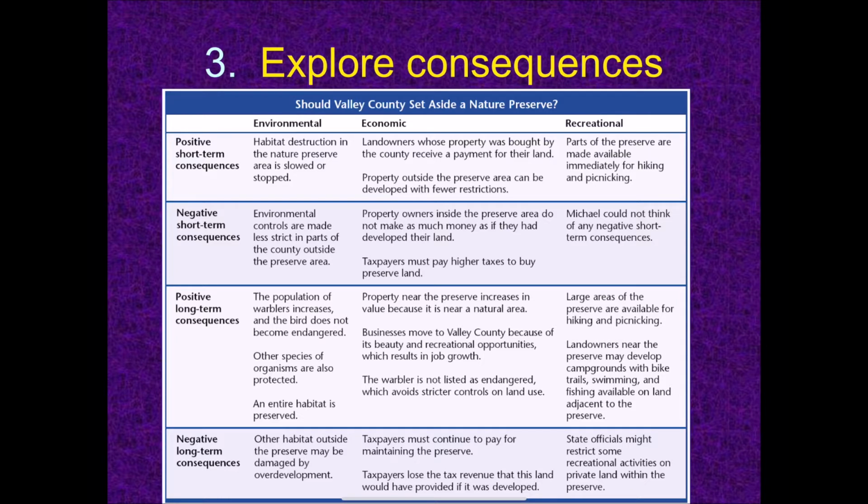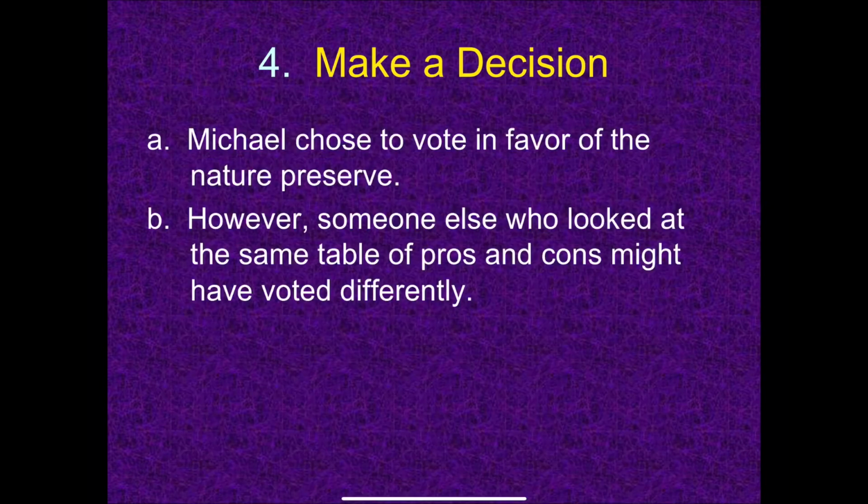There are various values to consider, right? There are the environmental values, almost always economic values. Money and jobs is always important. And other values as well. And then you also want to look at the pros and cons, and what's immediate benefit versus long-term benefit, and all that kind of stuff.